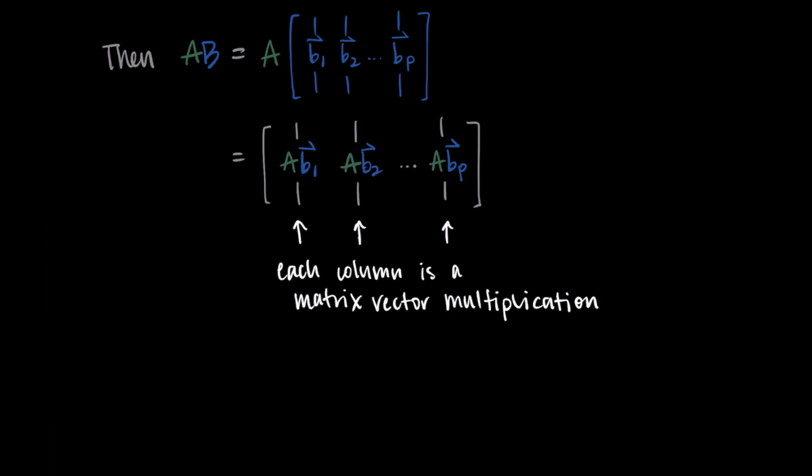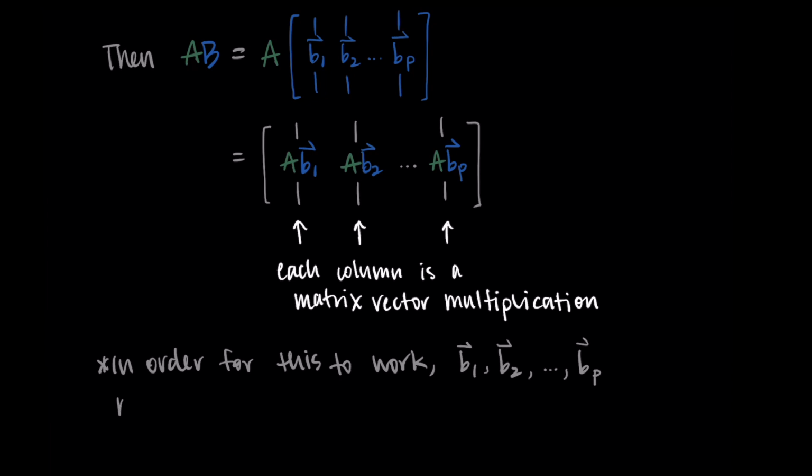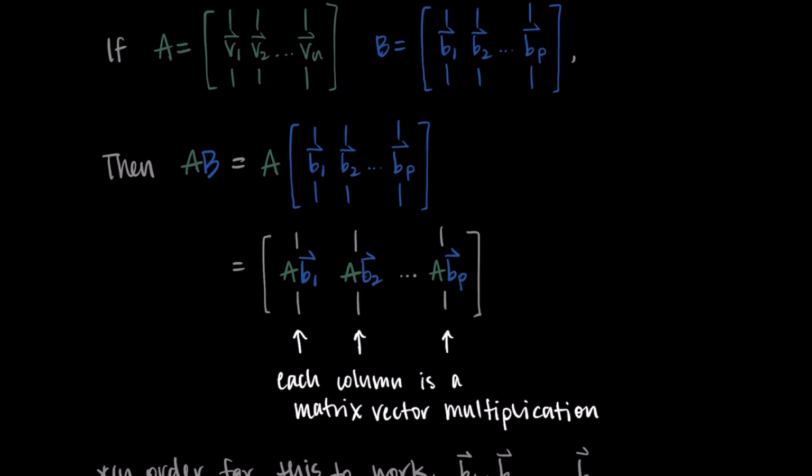Alright, so this is built on our idea of matrix vector multiplication, and let's unpack some of the dimensions here. In order for this to work, we need to do the A times B matrix vector multiplication. This means our vectors B1 through BP must be vectors that have n components. That's because our matrix A has n columns, and we need one element of B for each column.